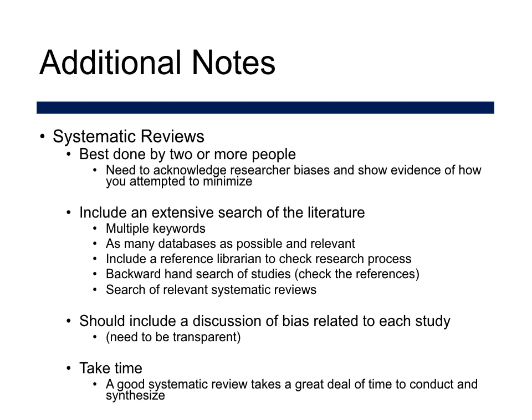You want to do a backward hand search of studies that you've selected or even studies that are excluded. So what this really means is checking through the references within those studies. And then also search relevant systematic reviews. So you may not include a systematic review in your own review, but another systematic review on a similar topic may have studies in the references that you may want to include.